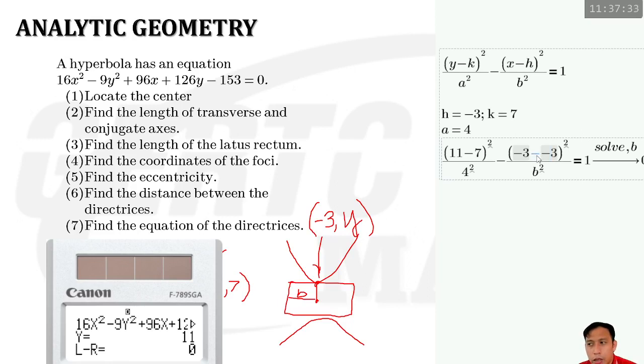Why does it seem wrong? It became 0. 11 minus 4. Okay. This shouldn't be the solution.